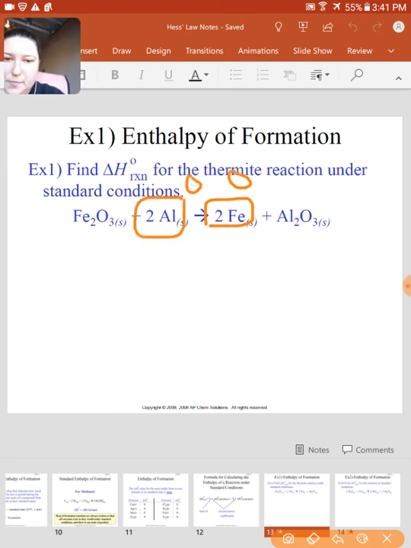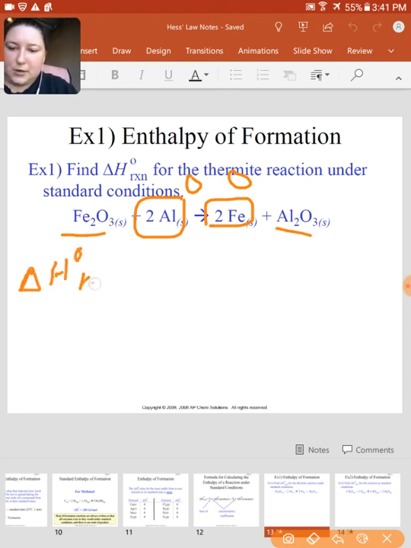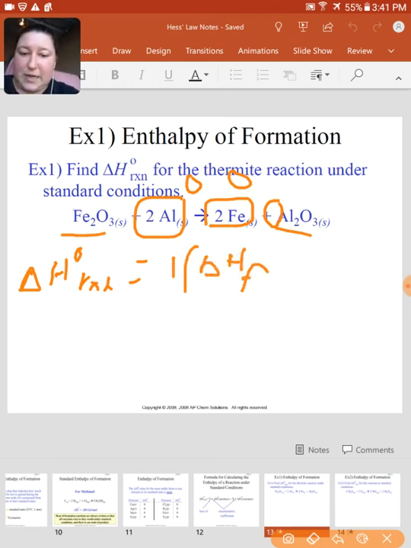But these two will have numbers associated with them. So delta H of the reaction equals, there's no coefficient in front of here, so it's just 1 times the delta H of formation. I don't know what it is for that.